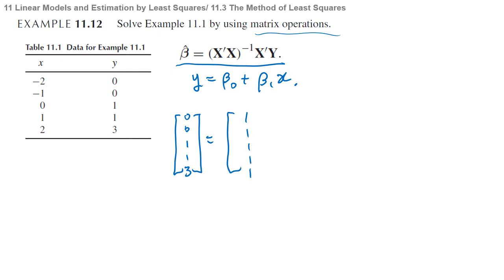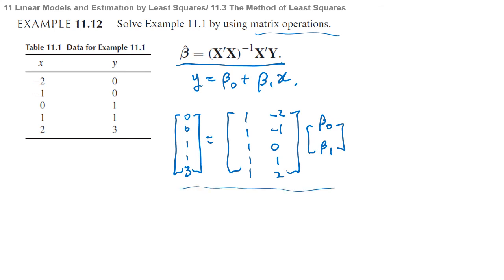So here beta 0 times 1, and beta 1 times xi: minus 2, minus 1, 0, 1, 2. And you have beta 0 here, beta 1 here.